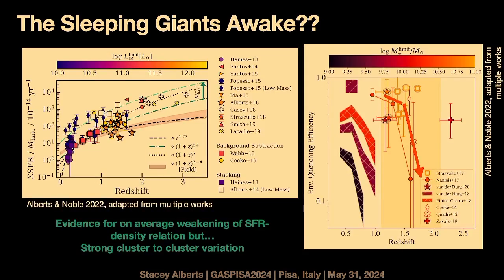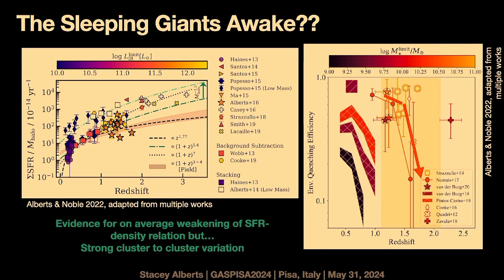And then if we do a compilation of the infrared observations in the literature, and we look at the total star formation rate per halo mass as a function of redshift. So the gray here is the field. It's hard to see on this plot, but clusters at low redshift are quenched, as you would imagine.